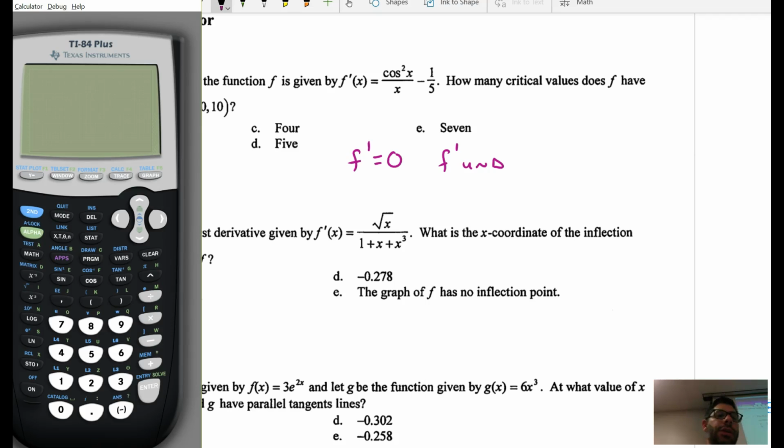So let's type this function into y1. This is going to be cosine squared. Everything on the AP test is in radian, so we definitely want to make sure that our calculator is in radian mode before we start graphing a trig function.